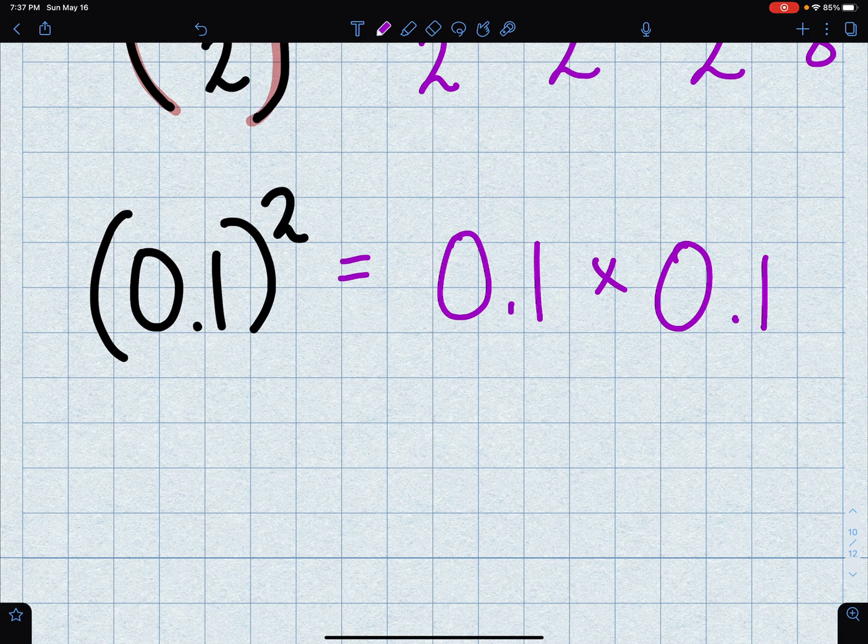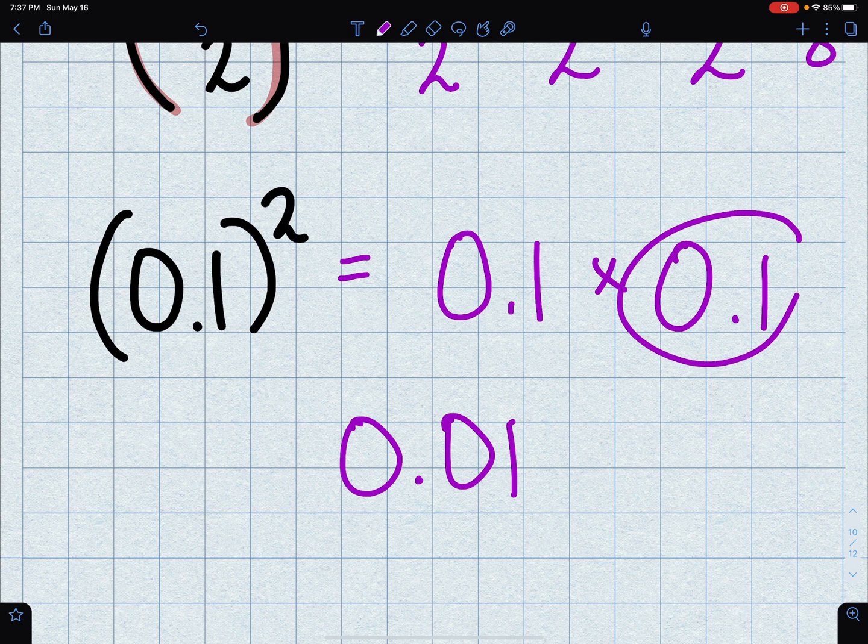So let's just put it, 0.1 times 0.1. And it's actually 0.01, because this means a tenth, right? So it's kind of like multiplying this by a 10, which means moving the decimal one place.